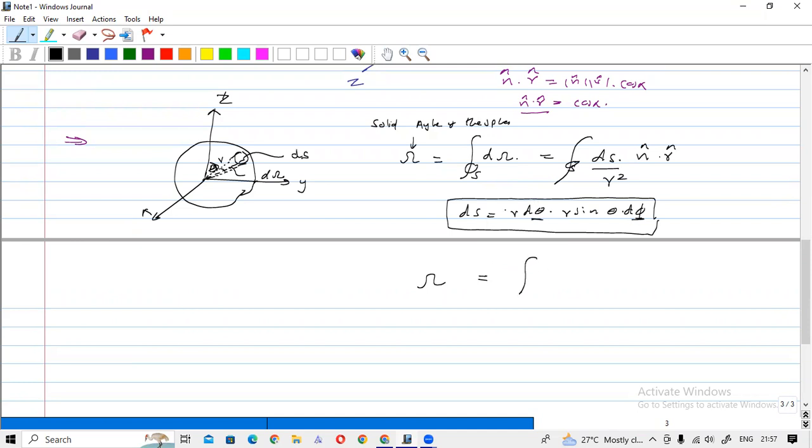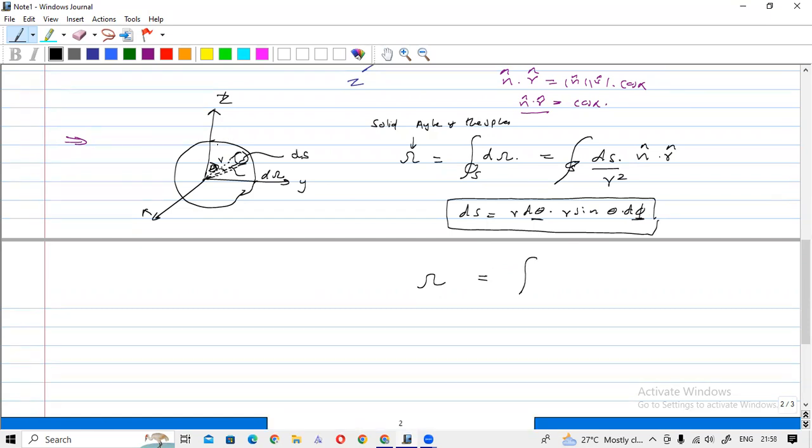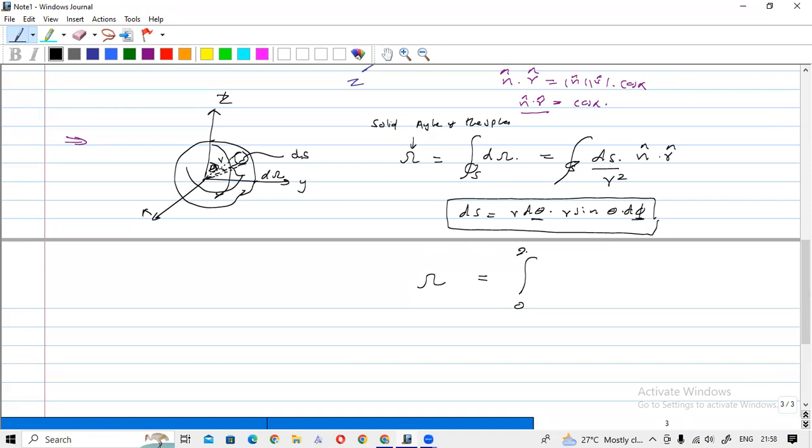Theta is this angle and phi is this angle: theta is the vertical angle, phi is the horizontal angle. You have to integrate phi from 0 to 2 pi and theta from 0 to pi, then all the area is covered.